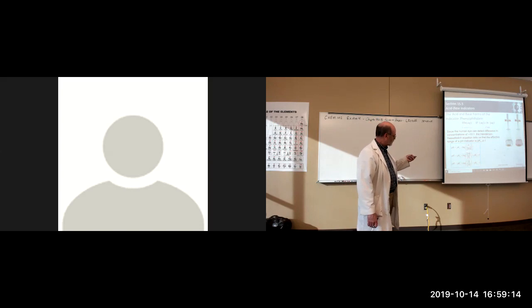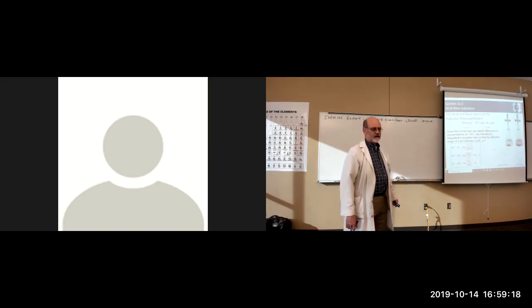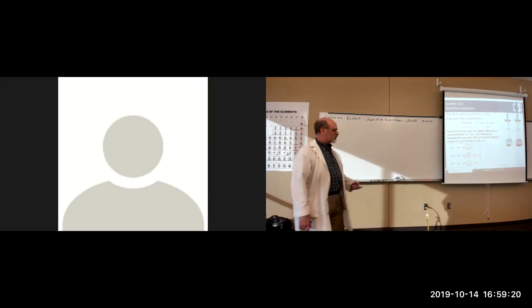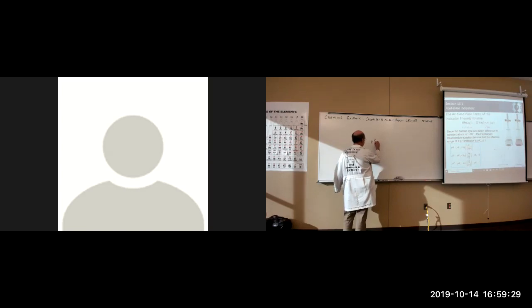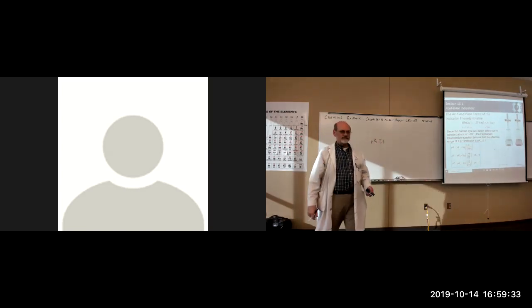The log of 10 is 1, and the log of 1/10 is minus 1. So the range that you're looking for is pKa plus or minus 1 for your indicator.